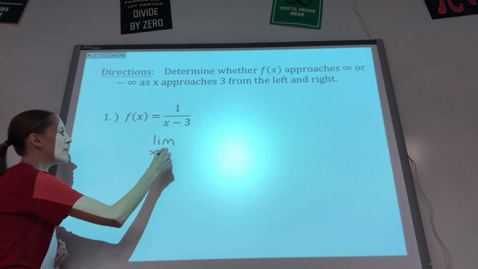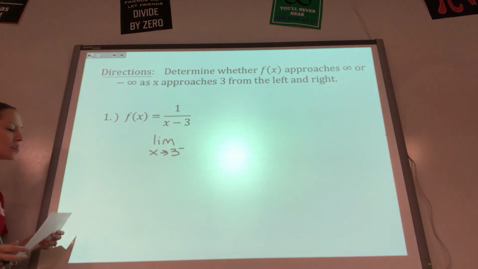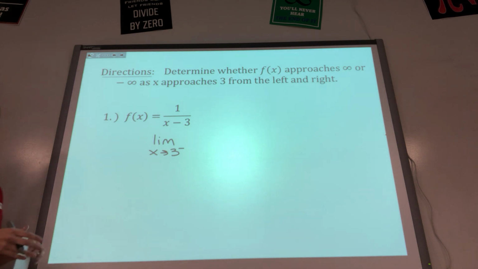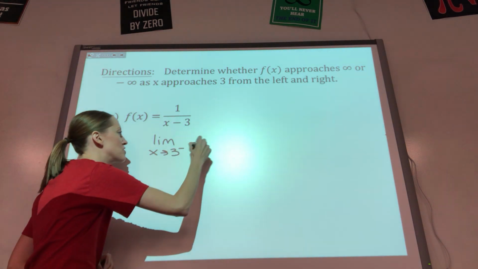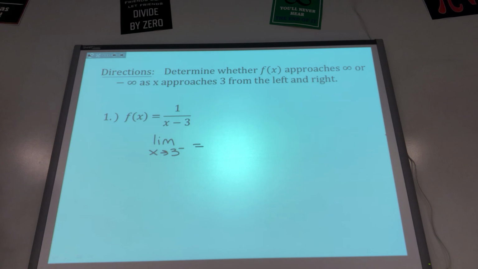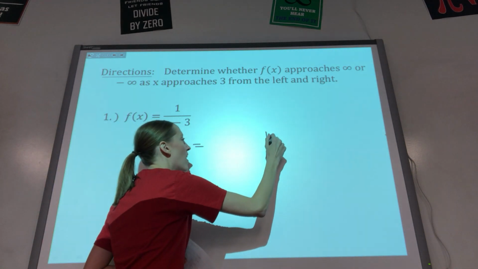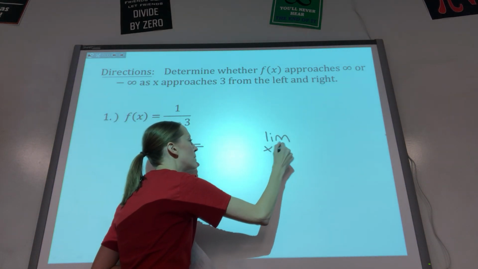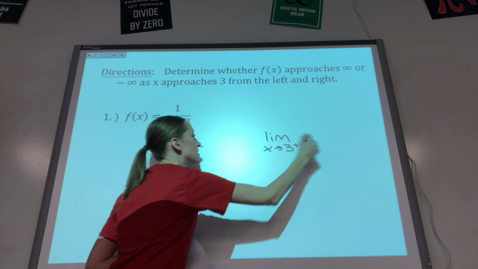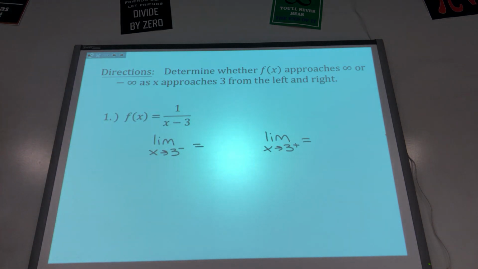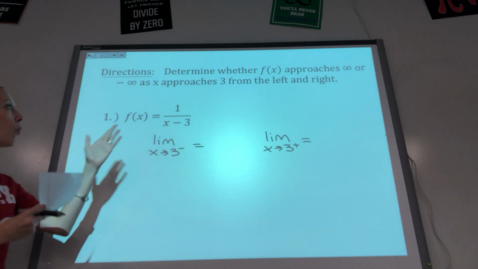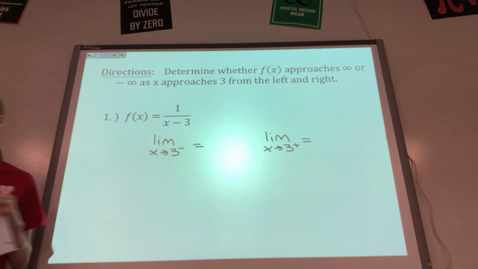I need to find the limit as x approaches 3 from the left, and I'm going to put equals after that just to make it quicker. And then also I have to find the limit as x approaches 3 from the right. You don't have to find the limit from both directions. It's only the one-sided limits.